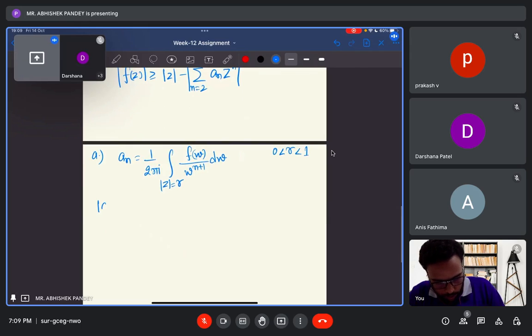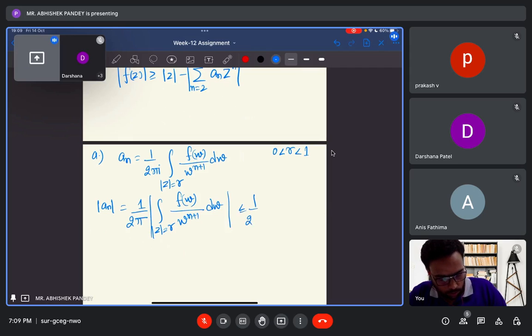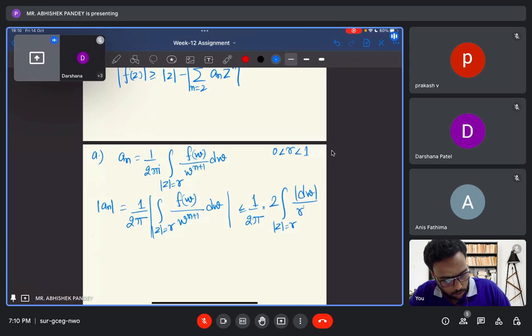So mod a_n you will get as 1 upon 2 pi, integral over mod z equals r, of f(w) upon w to the power n plus 1 dw, modulus. So this will be less than or equal to 1 upon 2 pi. And since modulus of f(z) is less than or equal to 2, you will get 2 into the integral over mod z equals r of mod dw upon r to the power n plus 1.